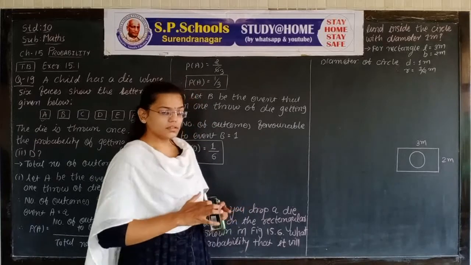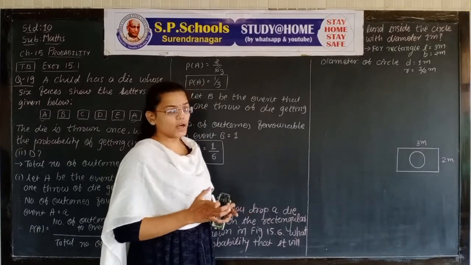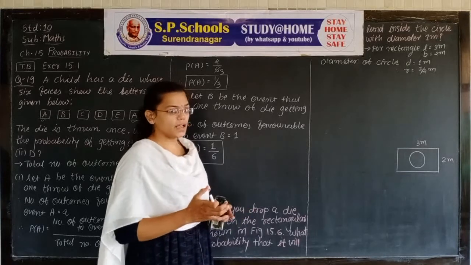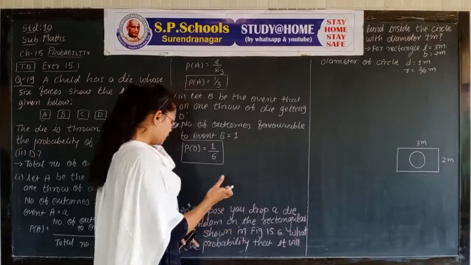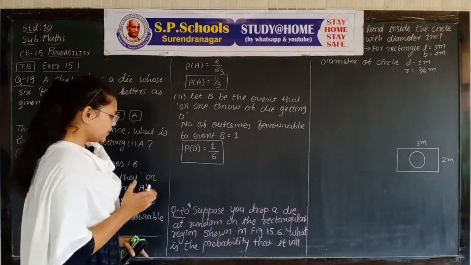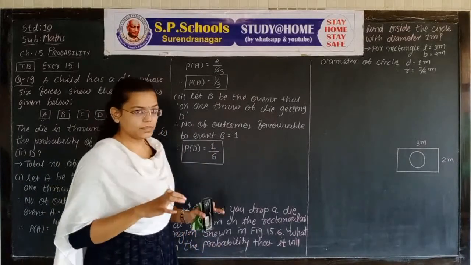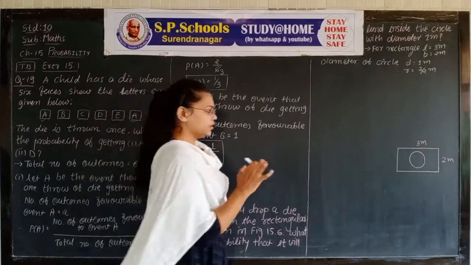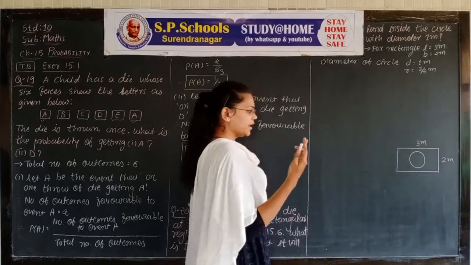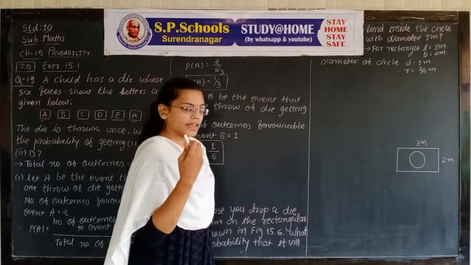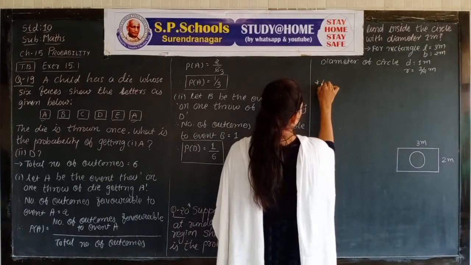This means the total number of outcomes we have to take as the area of the rectangle, and as favorable outcomes we have to take the area of the circle, because the question says that the dice will land inside the circle only, not the whole part but inside the circle only. That's why we take total outcomes as the area of the rectangle and favorable outcomes as the area of the circle. So first of all we have to find both areas.